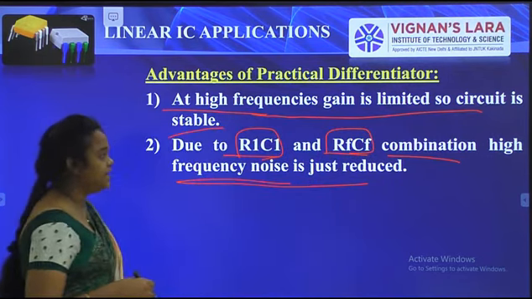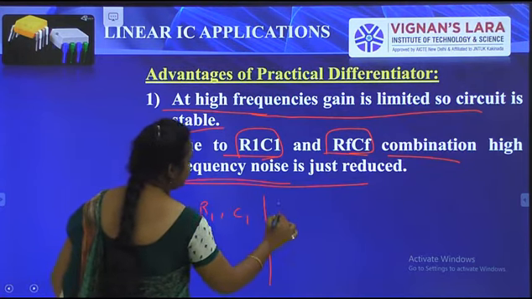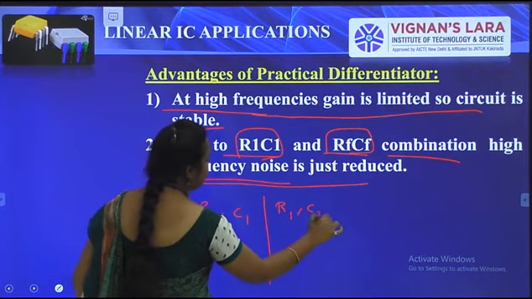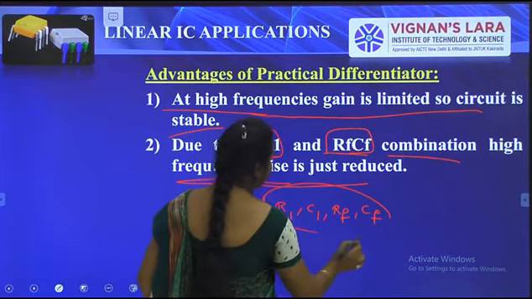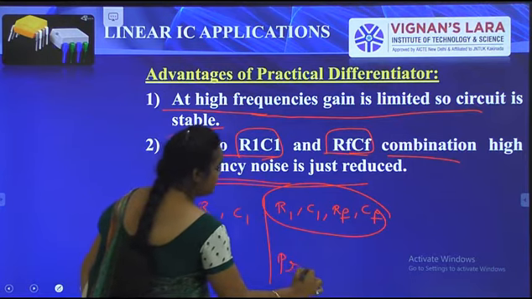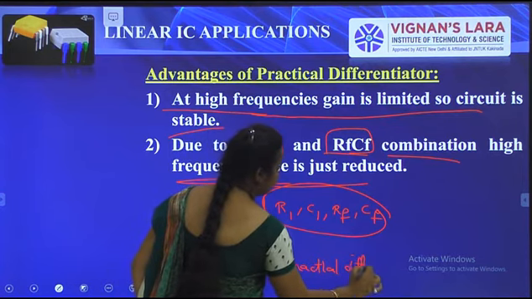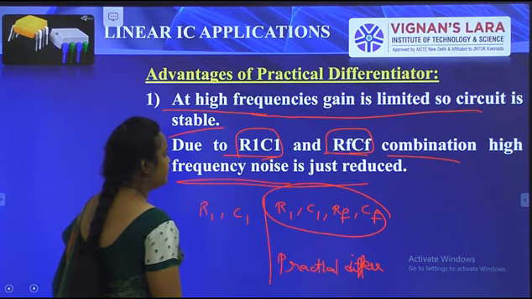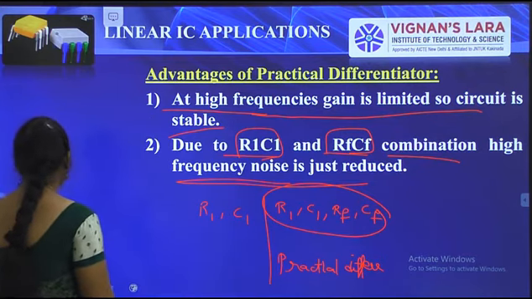In the ideal differentiator we take only R1 C1, but in the practical differentiator we take R1 C1 and RF CF. So by the combination of R1 C1 and RF CF in the practical differentiator, noise will be reduced. This is about the practical differentiator.